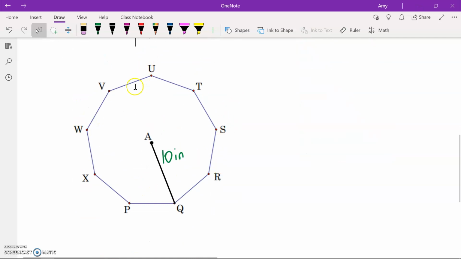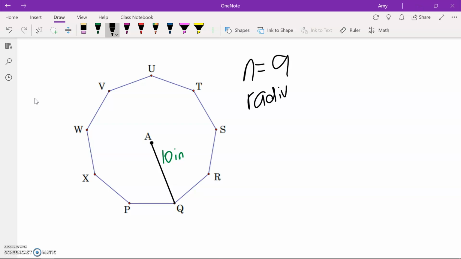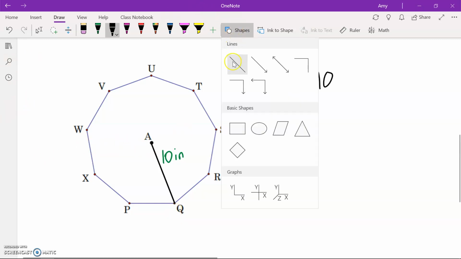So in this example, I chose to give you a really big shape. I have 1, 2, 3, 4, 5, 6, 7, 8, 9 sides. So if I'm listing out what I know, n is 9 because n is the number of sides. And I know that the radius is 10. Remember, that's the radius because it goes from the center to a vertex.